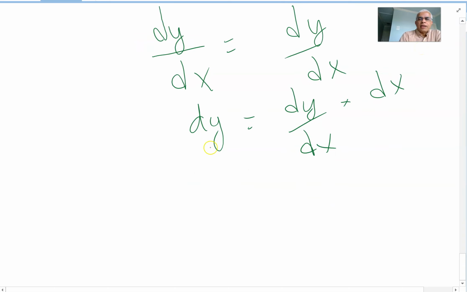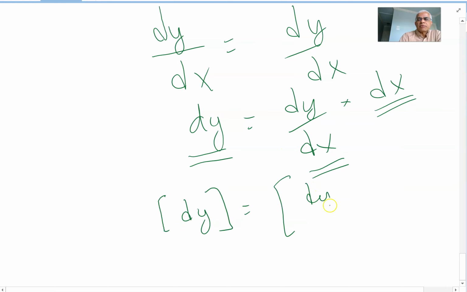Okay, so this allows me to obtain the change in y. This is the rate at which y changes with respect to changes in x. This is the amount that x changes by, and everything has to be dimensionally correct, right? So the dimensions of dy have to equal the dimensions of dy dx times the dimension of x.